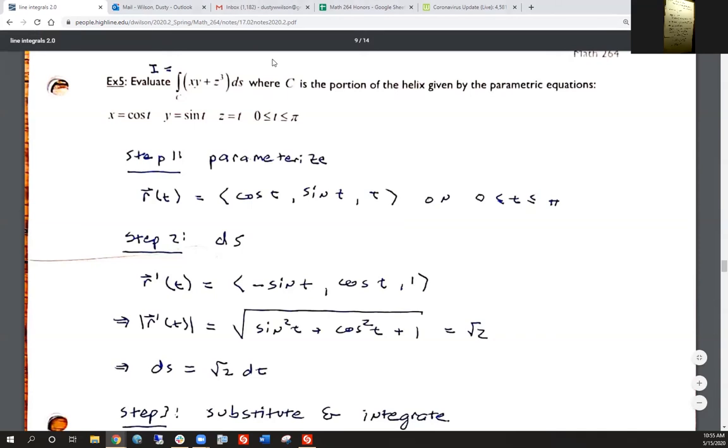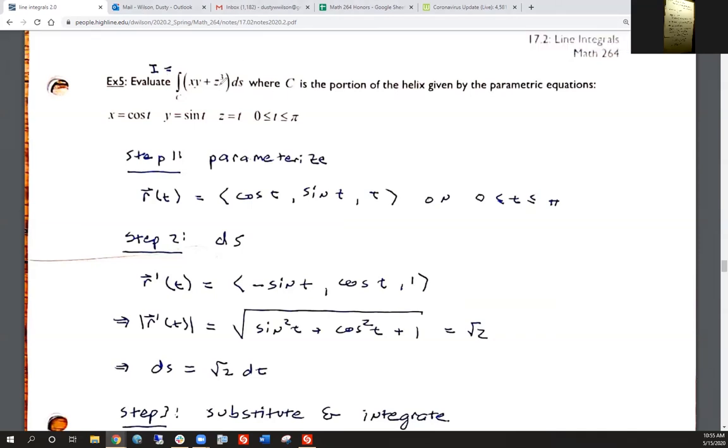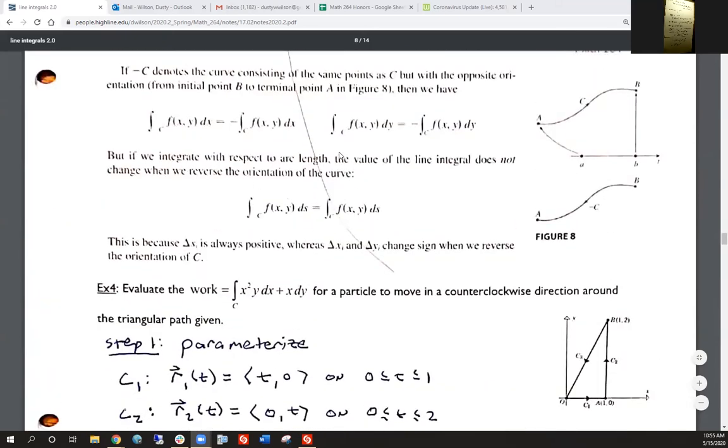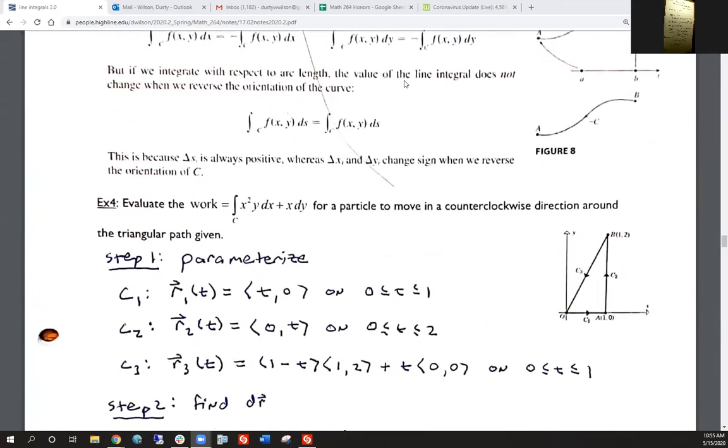It has to do with the question that's asked. In this case, we're asked for ds, which is why I'm finding ds, and this stuff down here is the formula for ds. In the previous question, we were asked for the work.